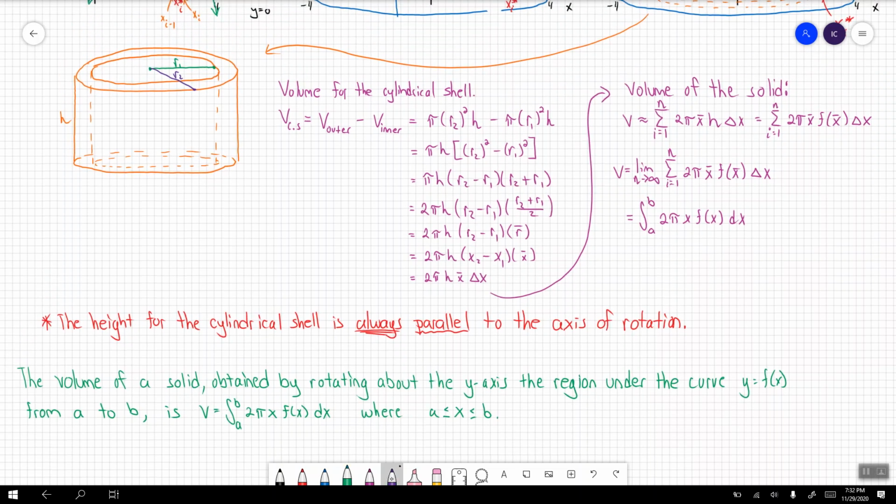Now, there are a few things that I want to elaborate on here. The first thing is that your height is going to be your function value, a certain f of x. The shell thickness is going to be delta x.